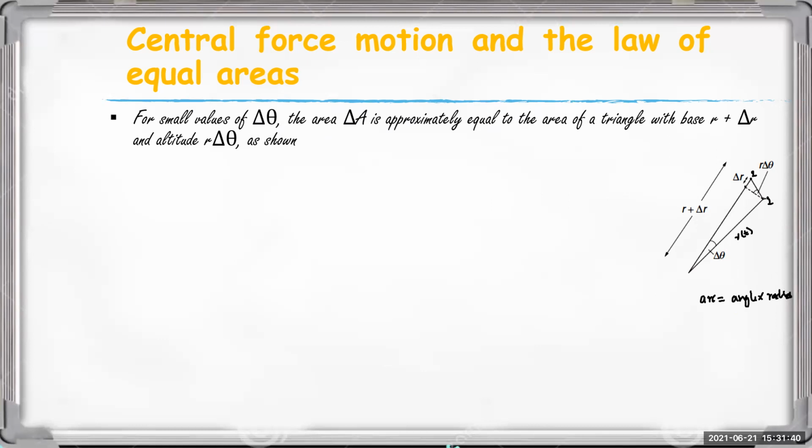So this length, this is a radius vector and this is the angle, then it is R delta theta.